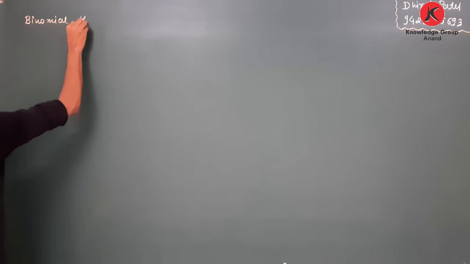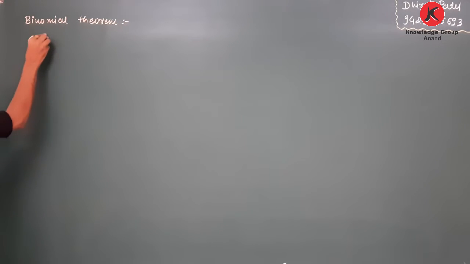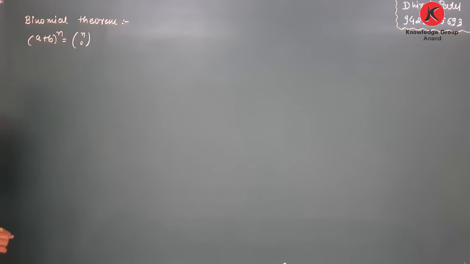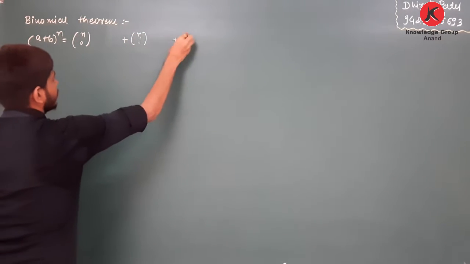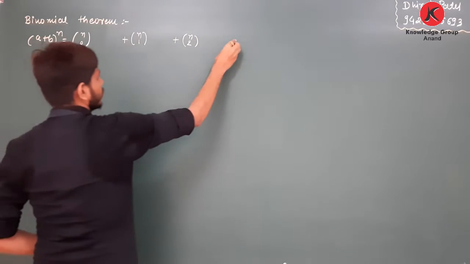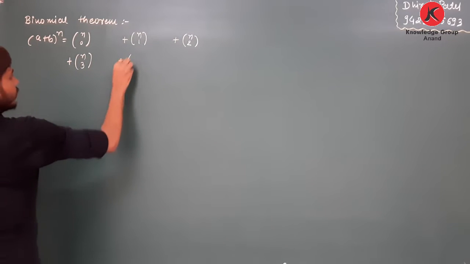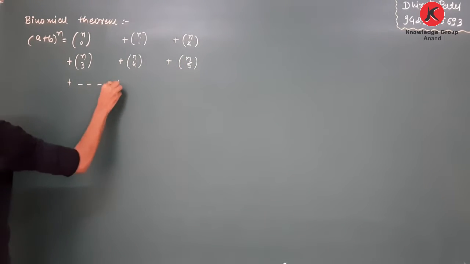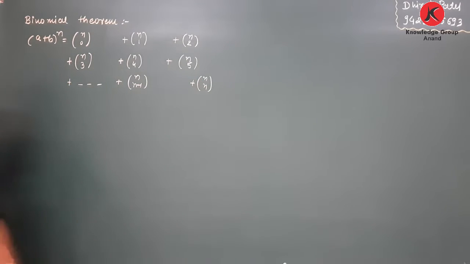Binomial theorem for a plus b raised to n is given as, which is equal to the first coefficient nc0, then the second coefficient nc1, the third coefficient plus nc2, the fourth coefficient nc3 plus nc4 plus nc5 plus up to the second last coefficient nCn minus 1 plus the last coefficient nCn.